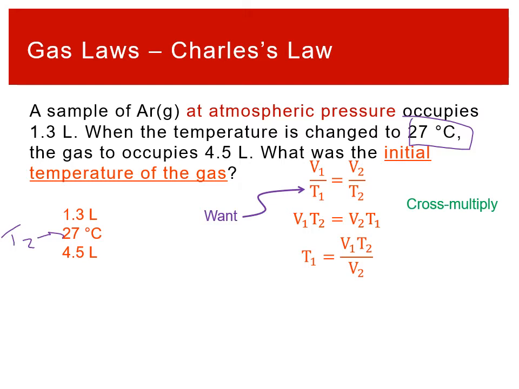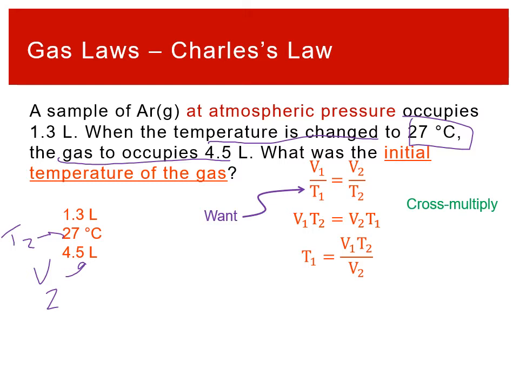So here it does tell you the temperature is changed and then what the gas occupies. So you could probably figure out that this is V2 on the 4.5 liters, but if it's a little more confusing, we could always predict that whatever temperature piece of information you're given has to be for the other state, either 1 or 2, and every other description of that gas is all going to have that same subscript.